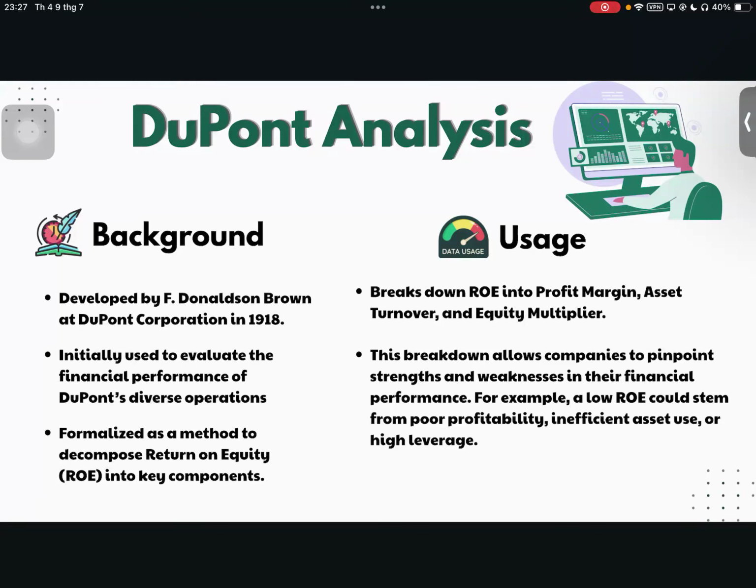If it is about the equity multiplier, then we can try to purchase more assets using leverage or gearing, funding our operation by debt financing, etc. From this analysis, we can find a way to improve the return on equity.